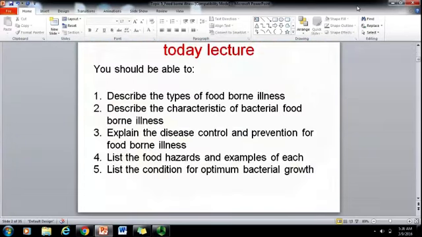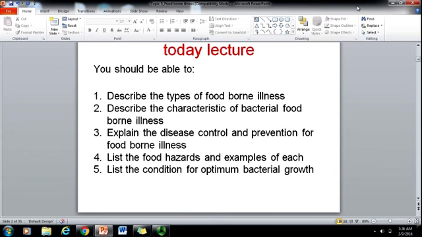So in this topic 5, you should be able to describe what is foodborne illness, and you should be able to describe the bacterial foodborne illness, the characteristics, and the control and the prevention for the foodborne illness.